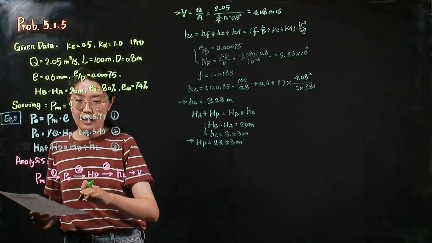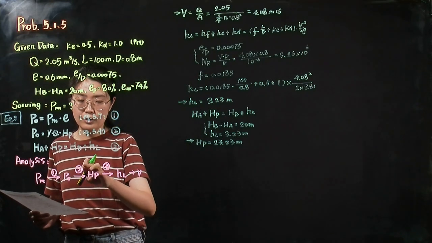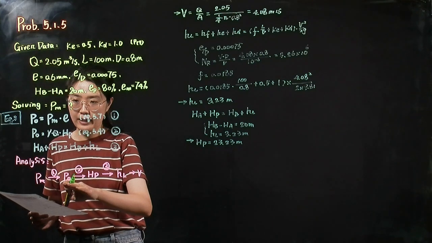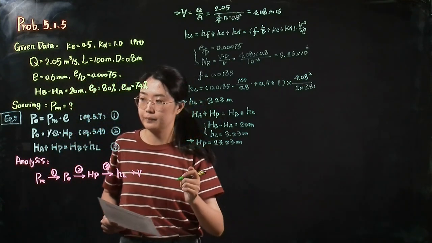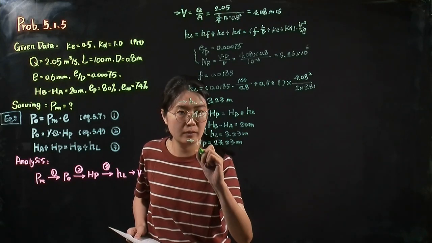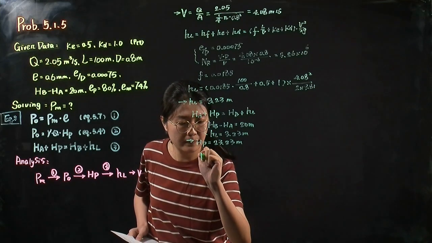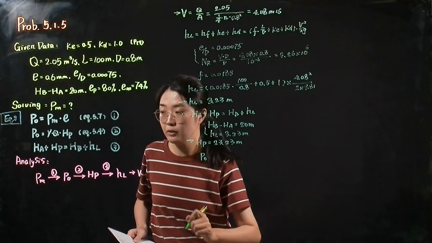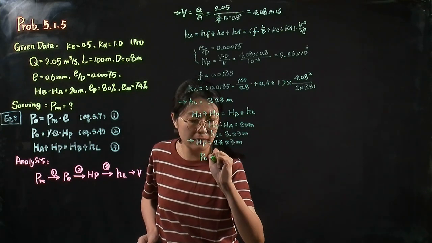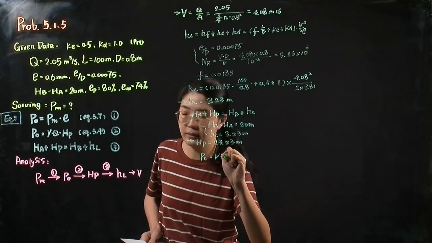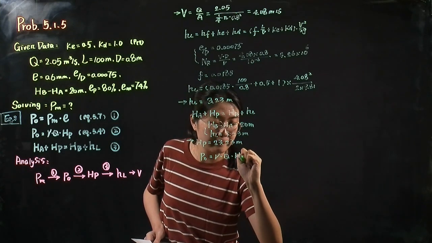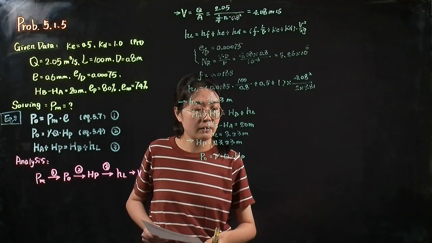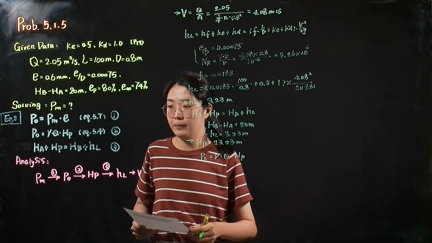So the next step is to use equation 2 to calculate the output power. Output power equals the specific weight of water times the flow rate times the energy of the pump.